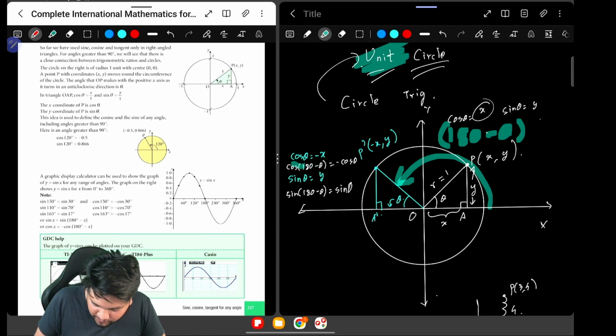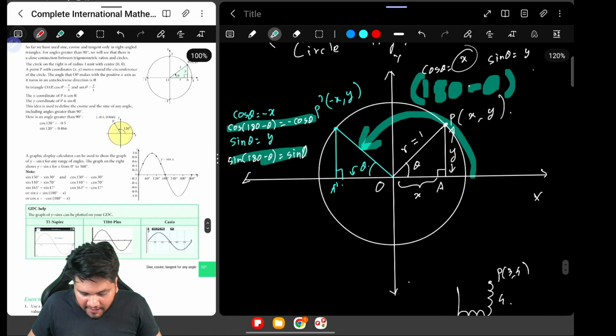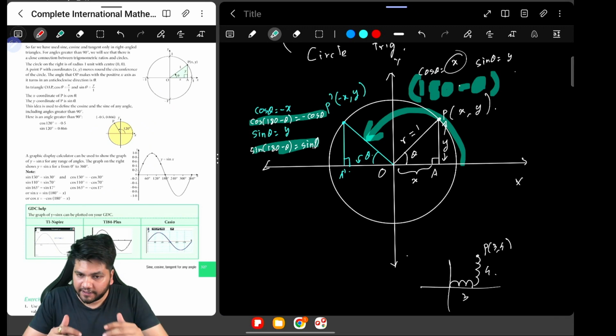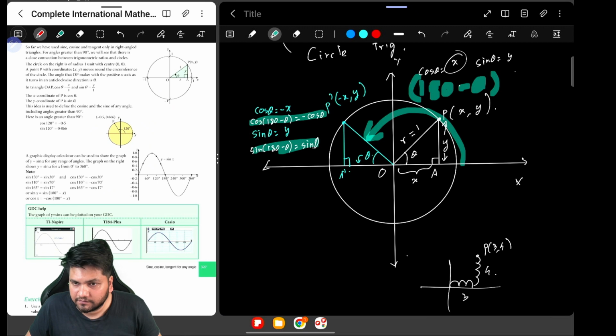So what we are trying to prove is that cos of 180 minus theta is minus cos theta and sine of 180 minus theta is just sine theta. That's the proof. Try to understand on your own what I've done. So you can even define this by ASTC, right?